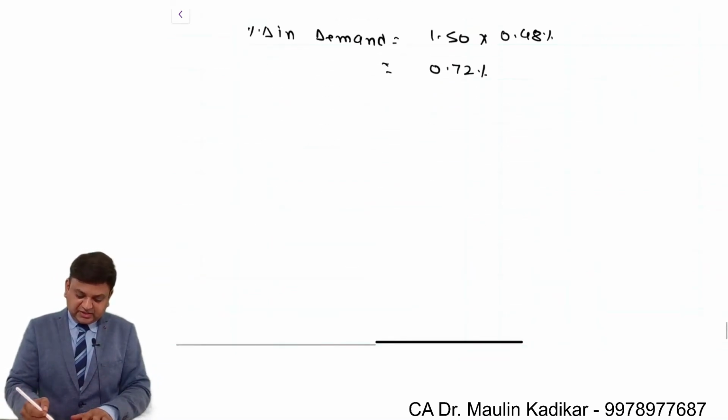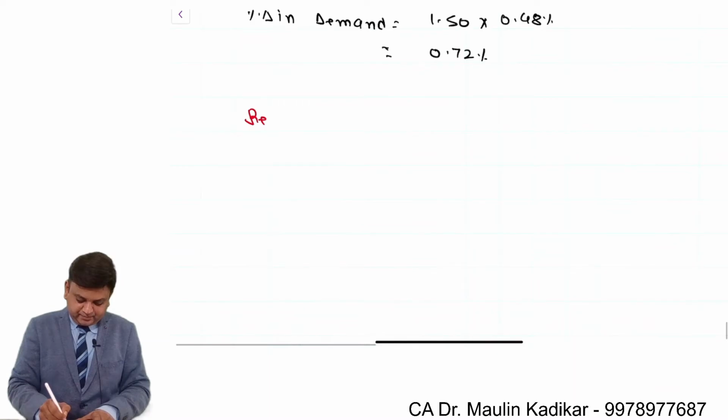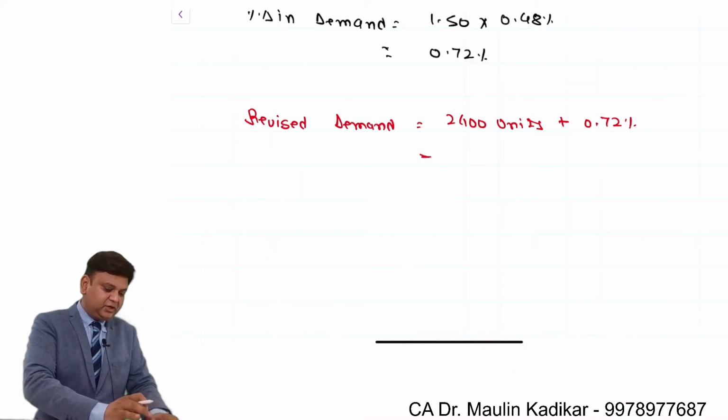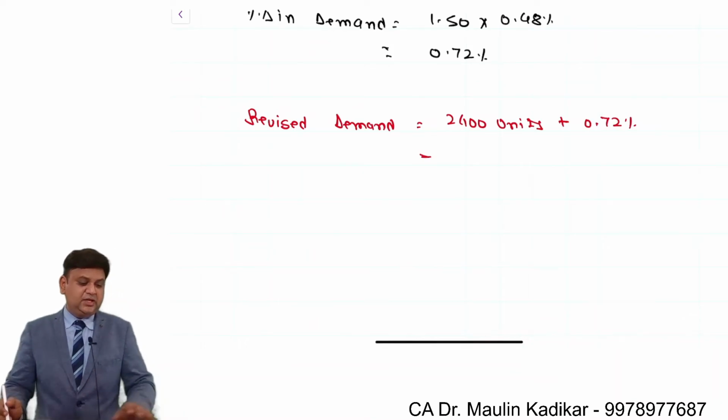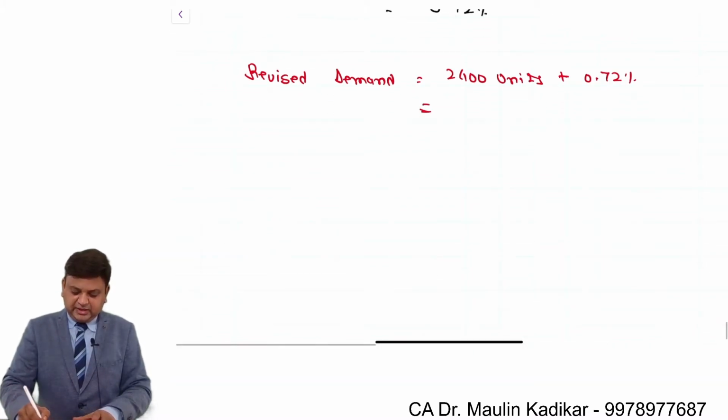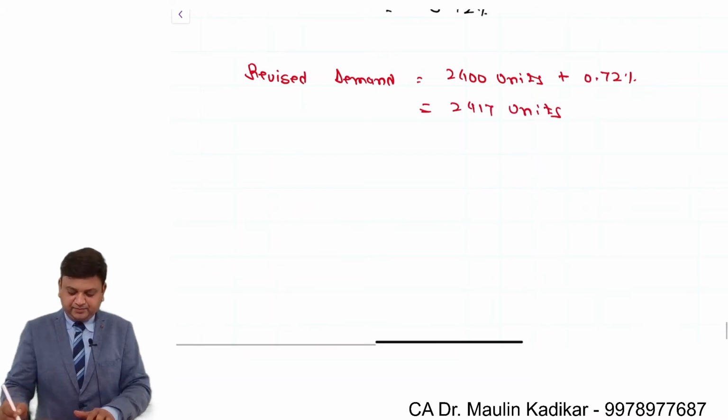So the revised demand is equal to 2400 number of units plus 0.72%, that comes to 2417.28. However, we are restricting it to a non-integer value, so 2417 number of units.